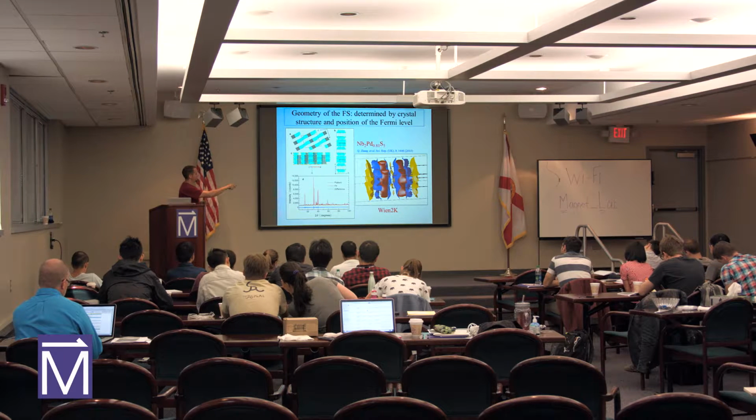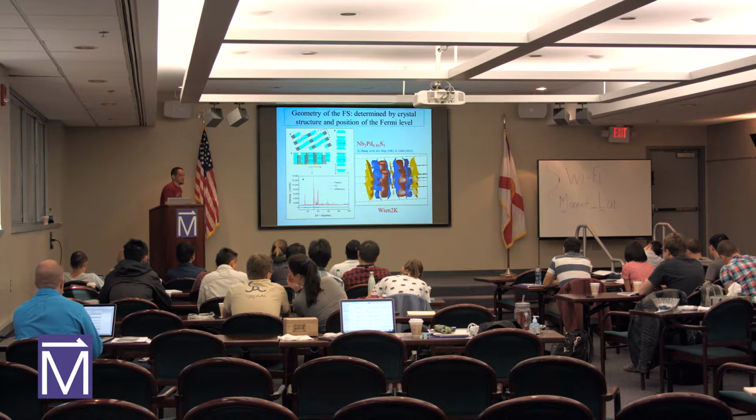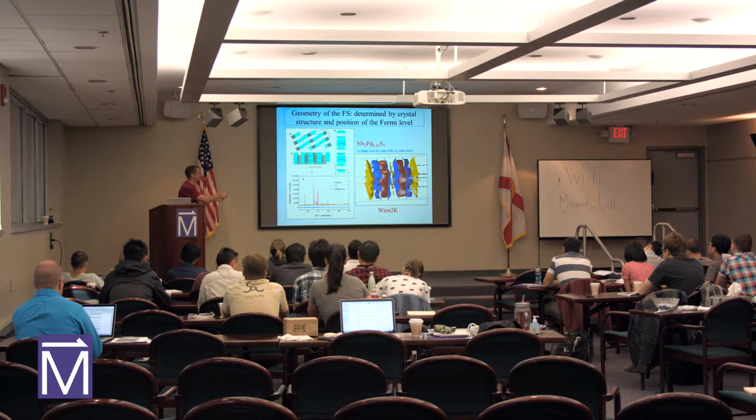And it told them for this material that it's going to have some wavy quasi one-dimensional Fermi surface sheets, the yellow and blue shown here, and some closed 2D Fermi surface as well. So usually when you do measurements, you can refer back to calculations and see how close they are, how good of a guess you made initially.